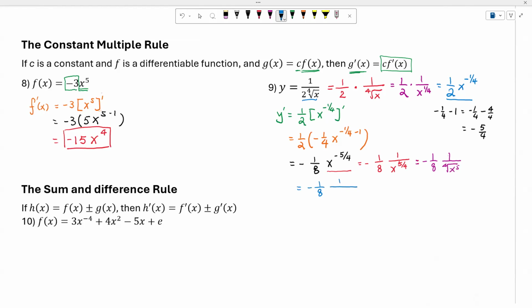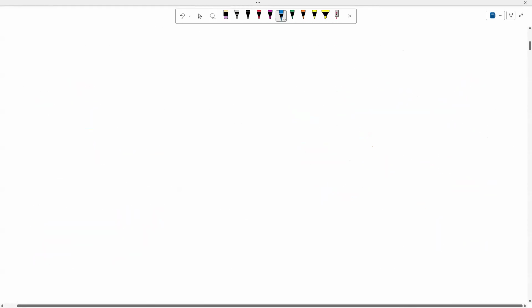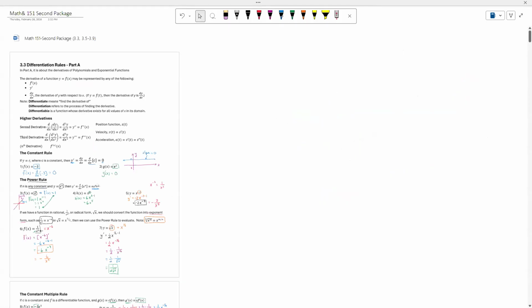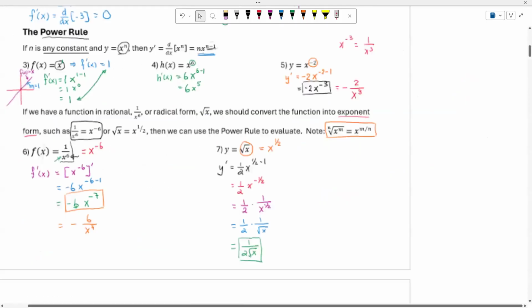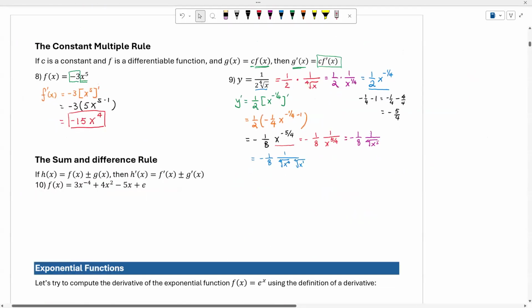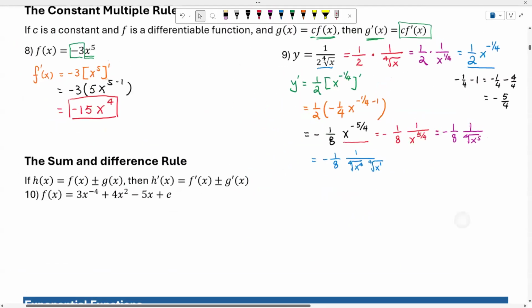Then in this case, I could take out x to the power 4 and x to the power 1, because I decompose the x to the power 5 into x to the power 4 times x to the power 1.